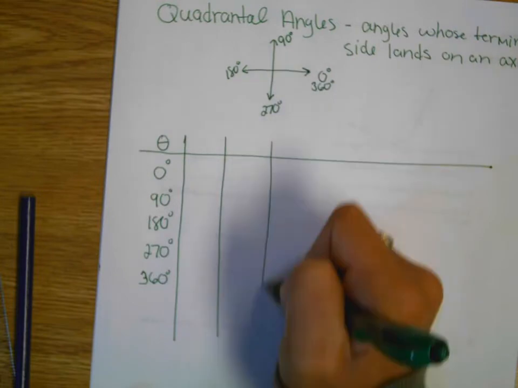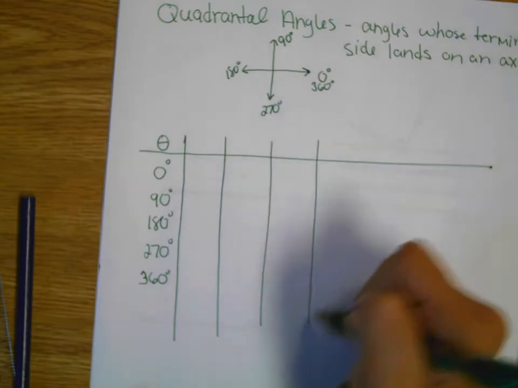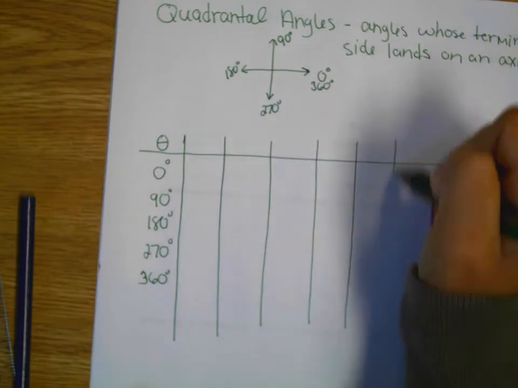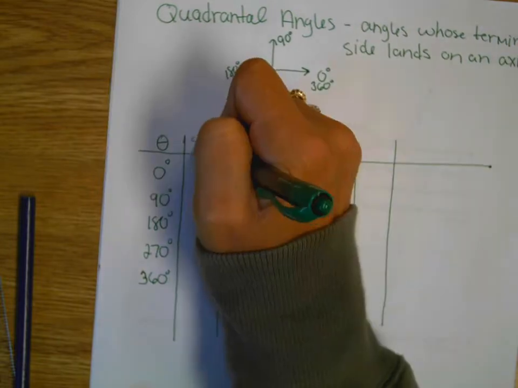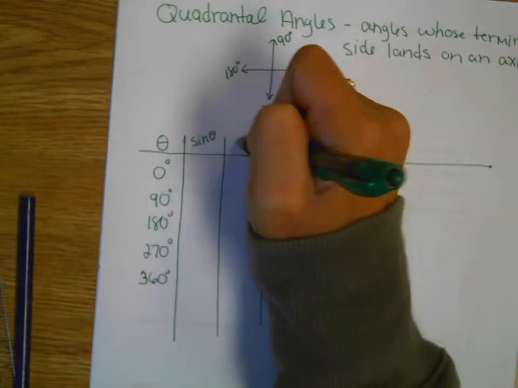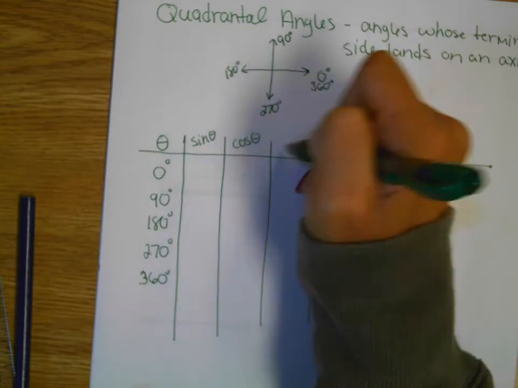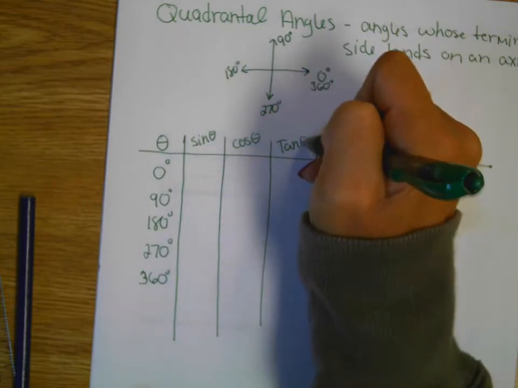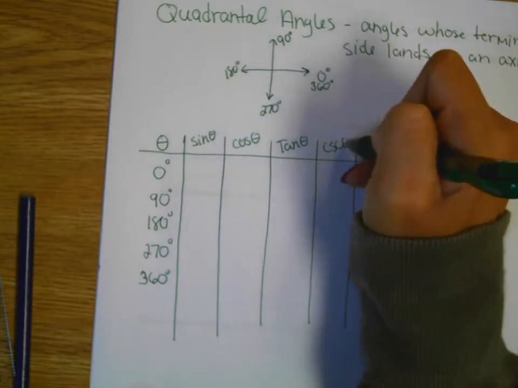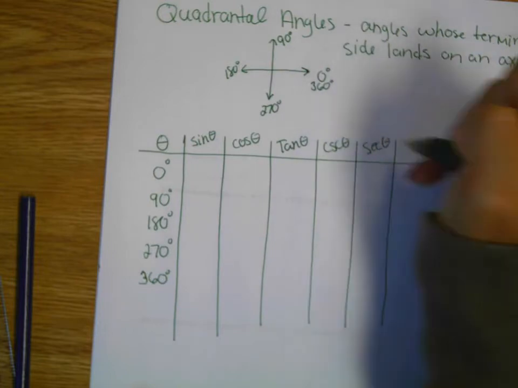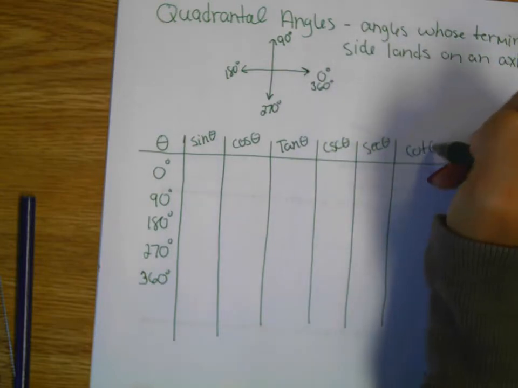And then we want our 6 ratios: sine, cosine, tangent, cosecant, secant, cotangent.